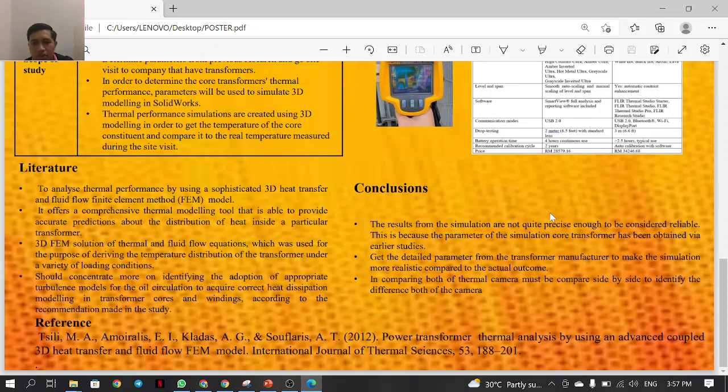In comparing both thermal cameras, they must be compared side by side on the camera specifications to identify which of the cameras is the best and more accurate in thermal performance measurement.